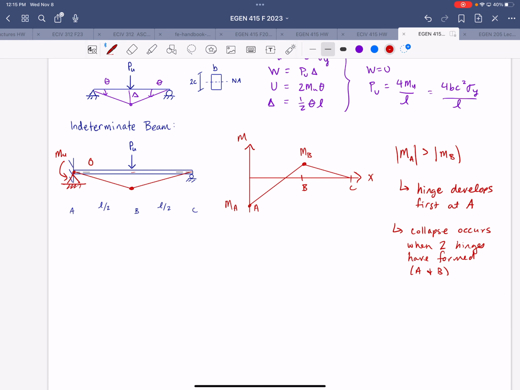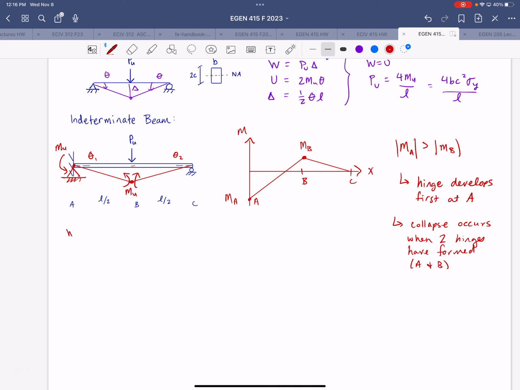Again, we have our theta 1 and theta 2. Since they're equidistant, they're going to be equal in magnitude. And we have our moment mu at the hinge.